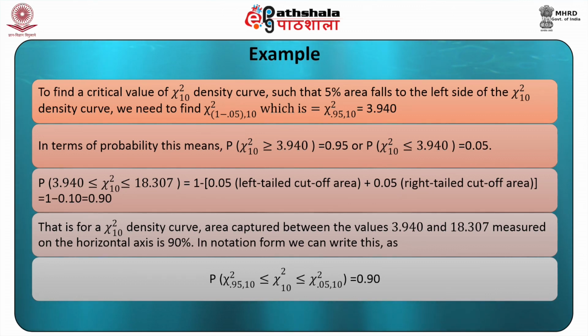That means that for a chi-square 10 density curve, area captured between the values 3.940 and 18.307 measured on the horizontal axis is 90%. In notation form, we can write this as probability chi-square 0.95, 10 less than chi-square 10 is less than or equal to chi-square 0.05, 10 is equal to 0.90.